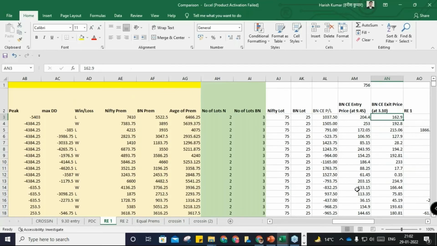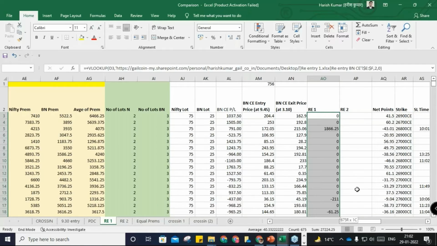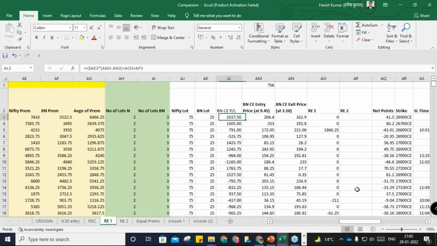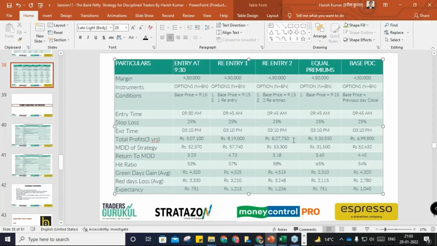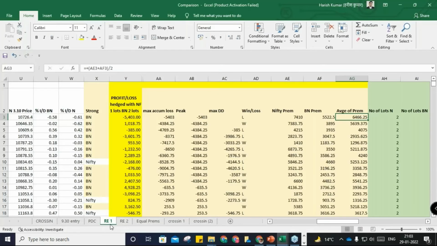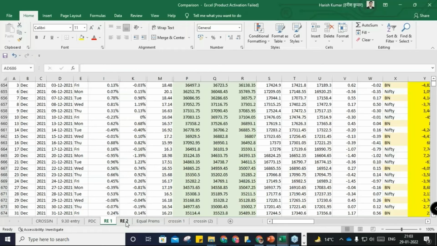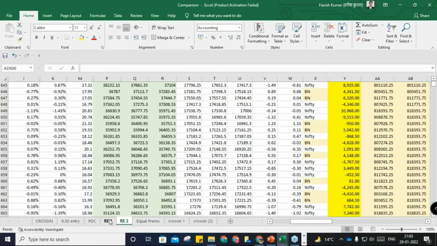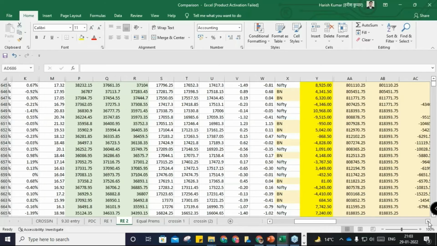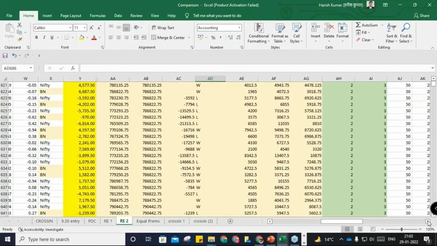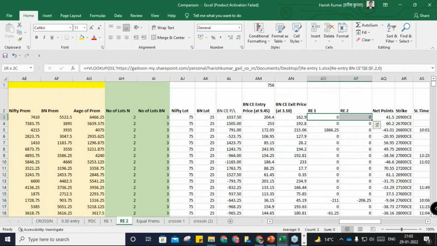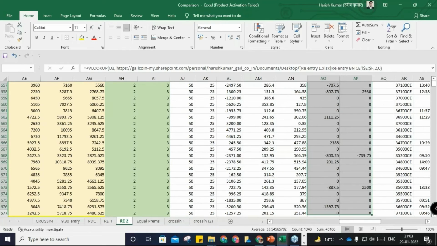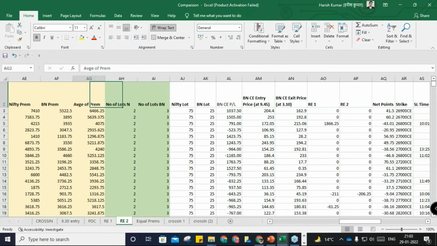This is re-entry one. Re-entry two. This sheet is very huge, and some data is missing, I think.